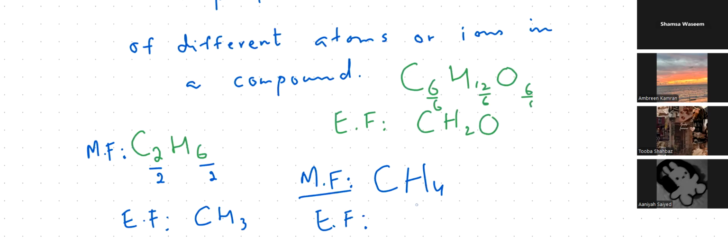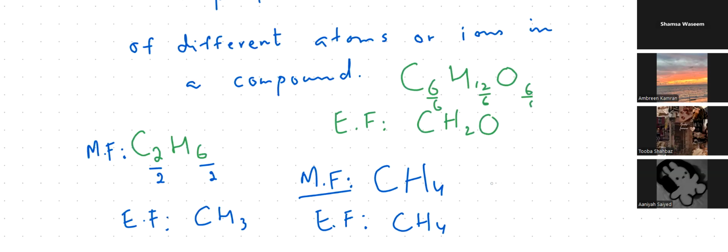So in that case, the empirical and molecular formula will remain the same. In other words, if we have even and odd numbers, we cannot simplify it further. We can only get the empirical formula of a compound if we have even numbers. Right, girls? Are you getting it?